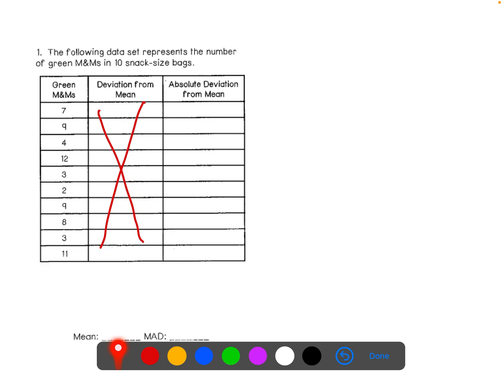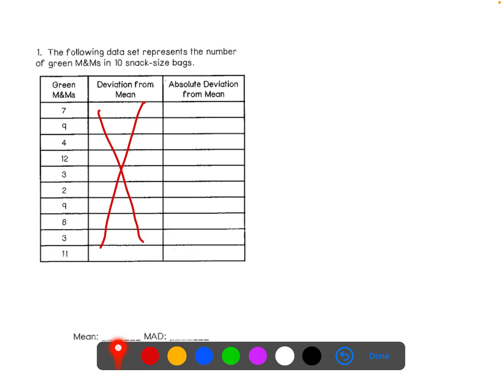And since we know we need the absolute deviation, or only positive values, the distance from that mean, this is really what we're going to do. We're just going to put that value in its absolute value form. It doesn't matter if we're above the mean or below the mean.